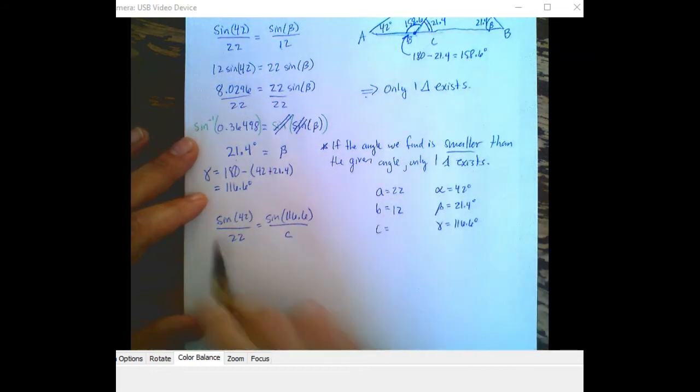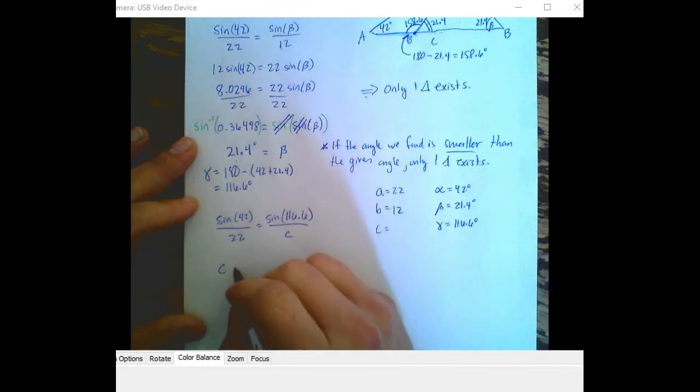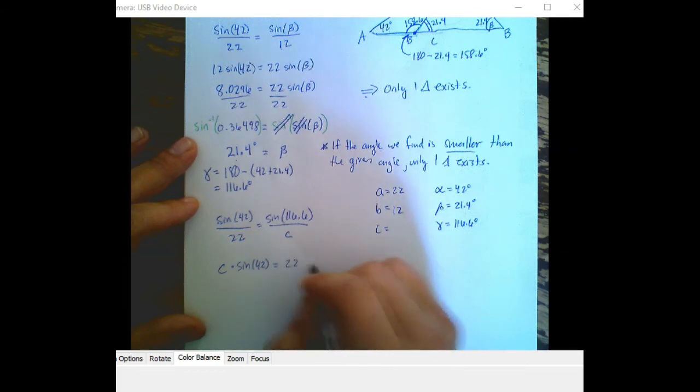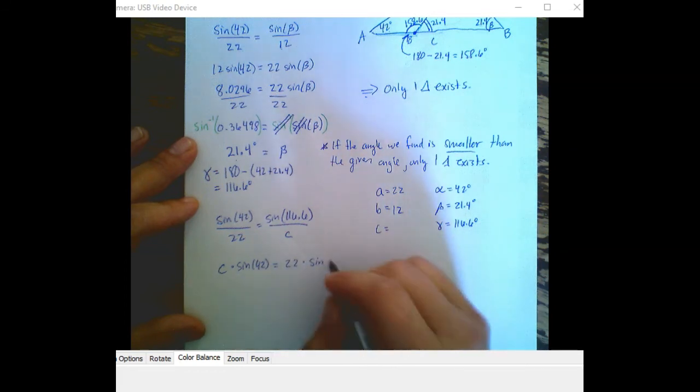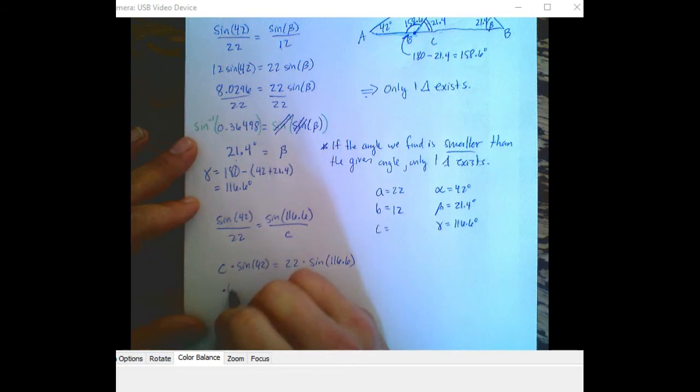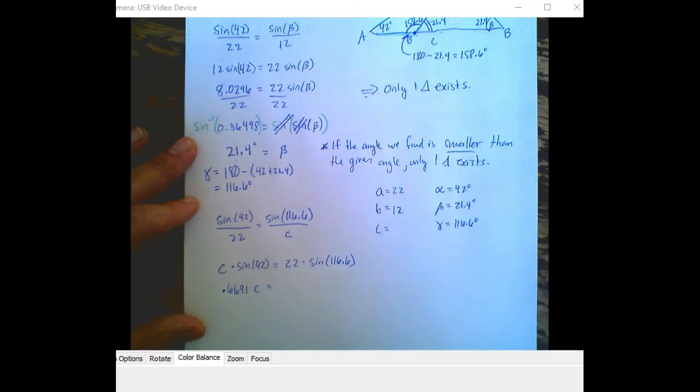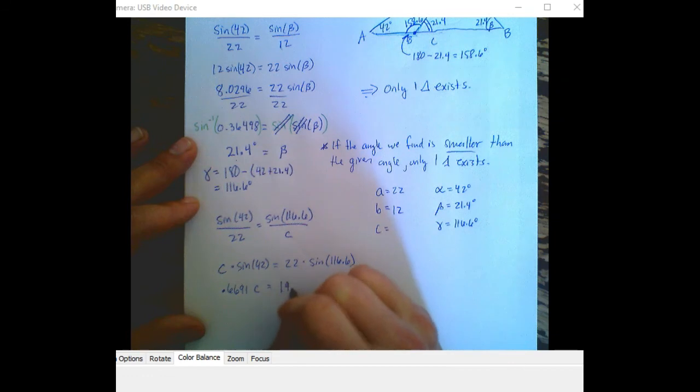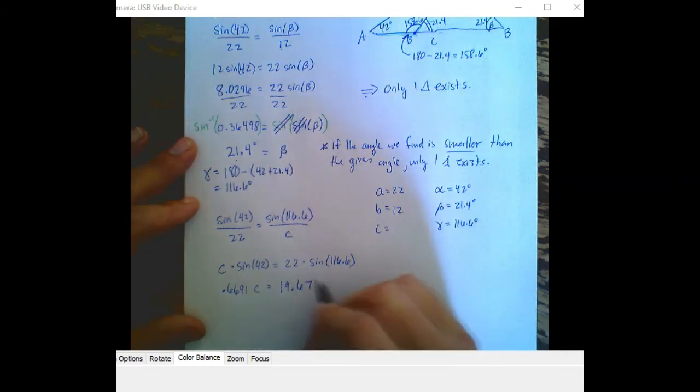So let's do our cross multiplication. So c times the sine of 42 equals 22 times the sine of 116.6. Sine of 42, so we'll get 0.6691 C equals 19.6714.